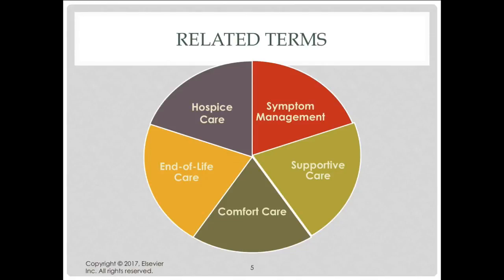Okay, so related terms. There's usually a palliative care team. So there's nurses, there's primary care, there's specialty services, there's nurses and doctors who have specialties, social services, spiritual care, and ancillary services, speech and occupational therapy. We'll talk more about those later. But I just wanted you to know that within the palliative care team or the hospice care team, there are all these other people.